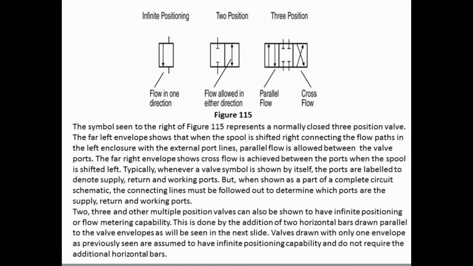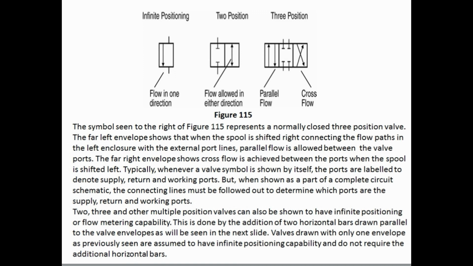The symbol seen to the right of figure 115 represents a normally closed three-position valve. The far left envelope shows that when the spool is shifted right, connecting the flow paths in the left enclosure with the external port lines, parallel flow is allowed between the valve ports. The far right envelope shows cross flow is achieved between the ports when the spool is shifted left.